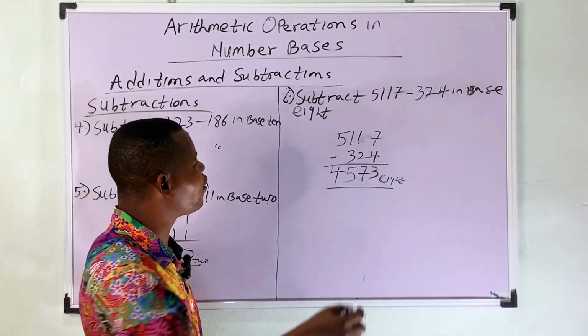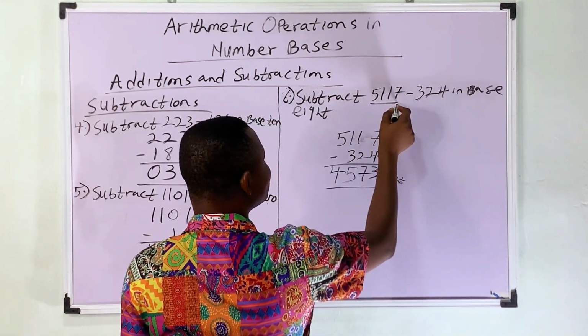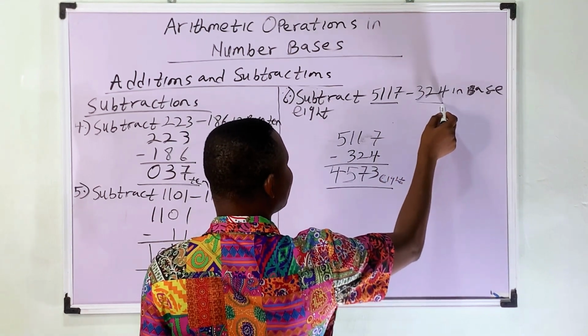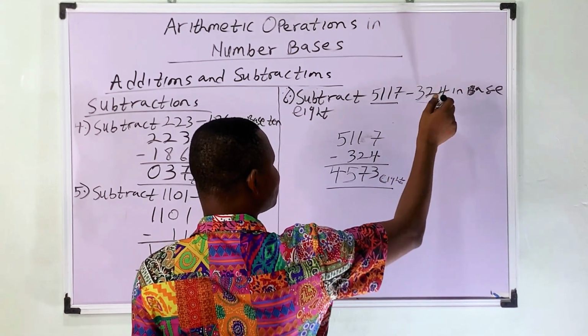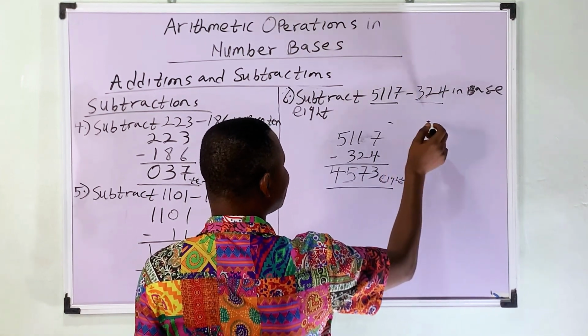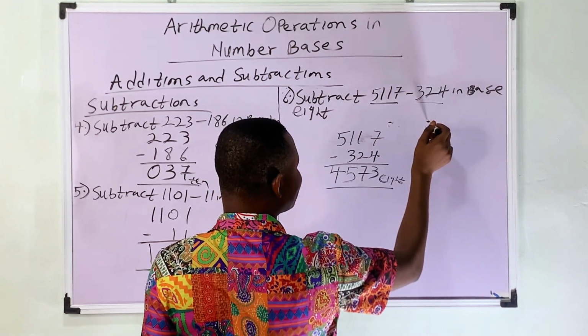Let's convert this number in base 8 to 10 and convert this other number in base 8 to 10 also. We're now going to perform the subtraction operation in base 10.